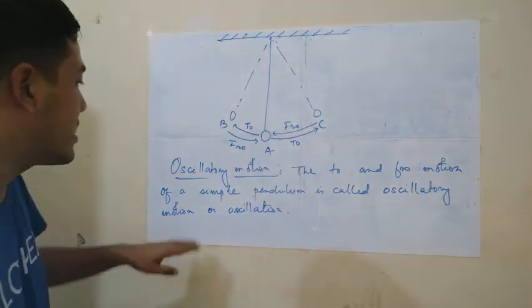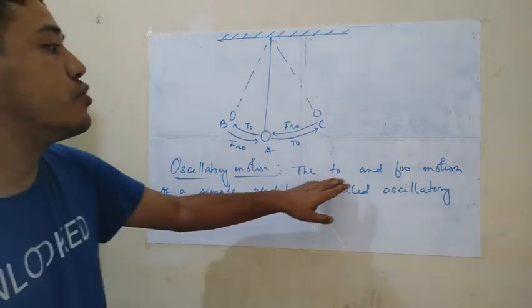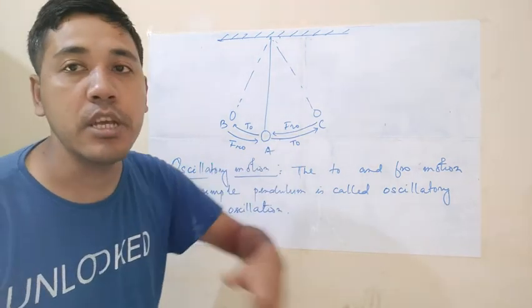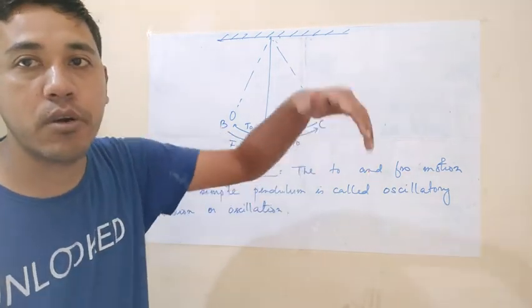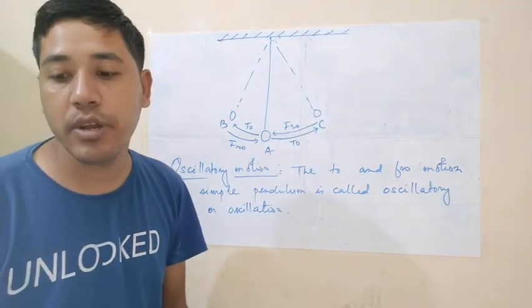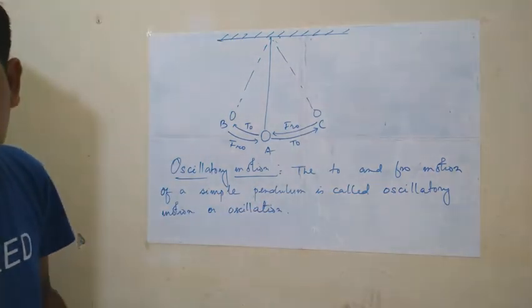That is why in oscillatory motion, it says the to and fro motion of a simple pendulum. The simple pendulum is traveling to and fro motions, and this is known as the oscillatory motion or oscillation.